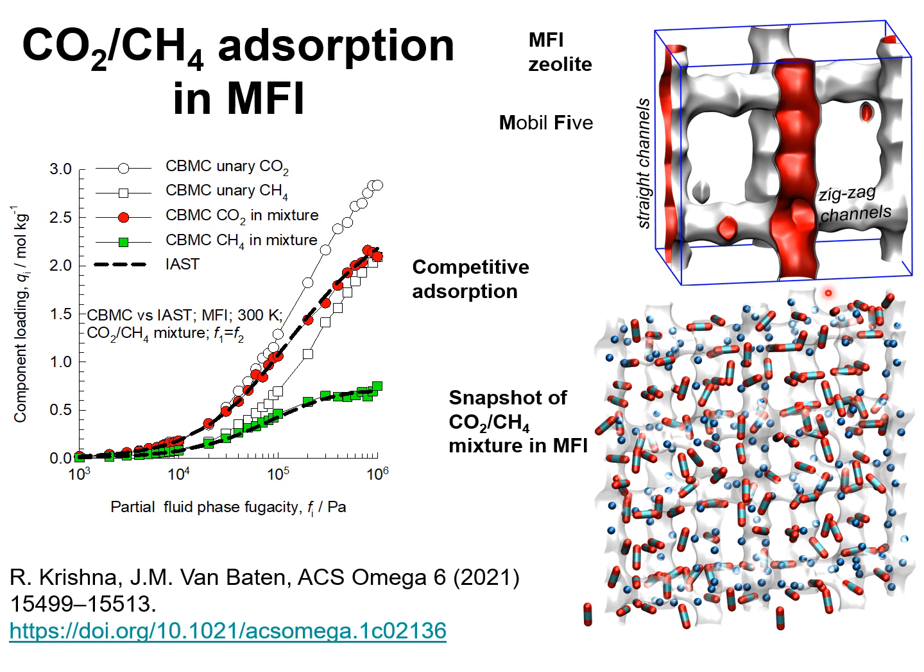These are the straight channels that intersect the zigzag channels. There are 4 intersection sites per unit cell, and the channel dimensions are approximately 5.5 angstrom. The gas molecules CO2 and methane are uniformly distributed, and there are no preferential sites for either guest molecules within the pore landscape.